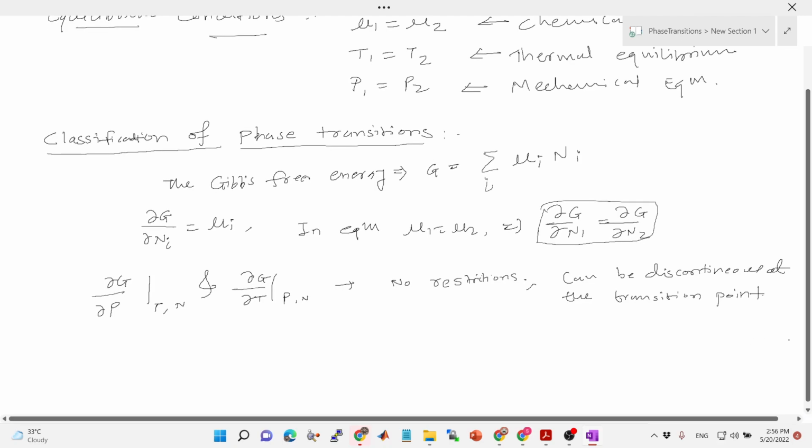We have T_1 equal to T_2, but not the derivative of G with respect to T and the derivative of G with respect to P. So you can learn from this what these derivatives indicate, their significance. For that we have to go slightly backwards.